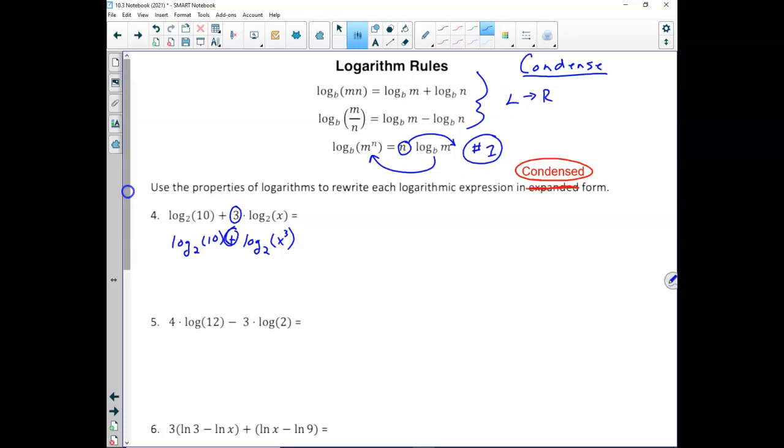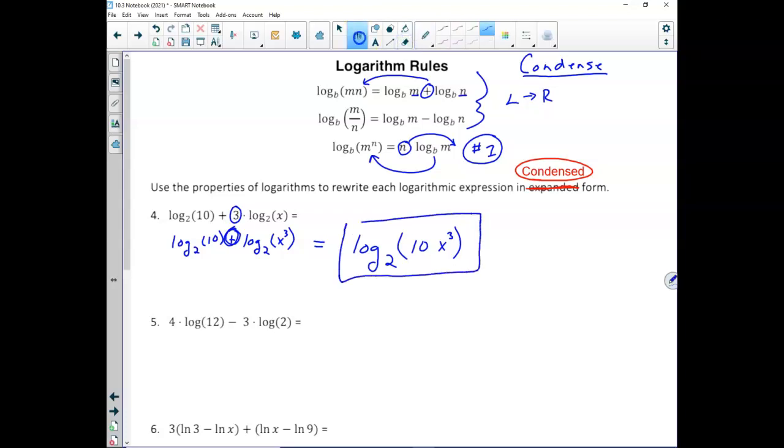And then addition here, well, that addition came from multiplying those two things together. So this is going to equal a log base 2 of technically 10 times x to the third. Well, you know I don't need that dot for times. It's the log base 2 of 10x to the third. And when you condense, you are done when you have one log left, okay?